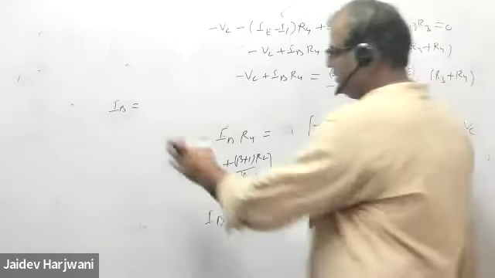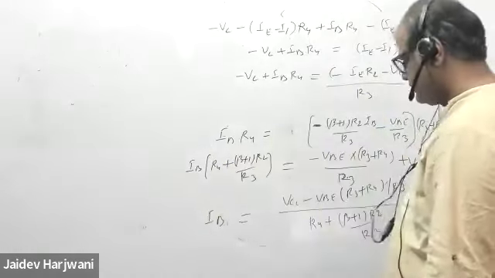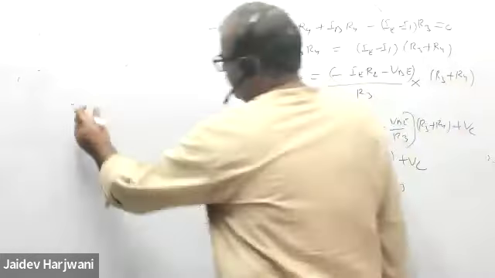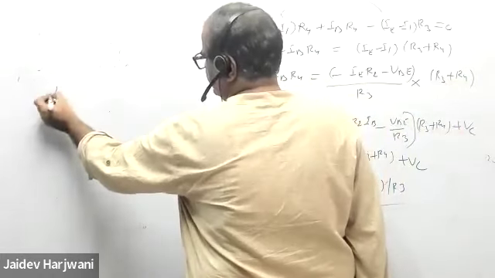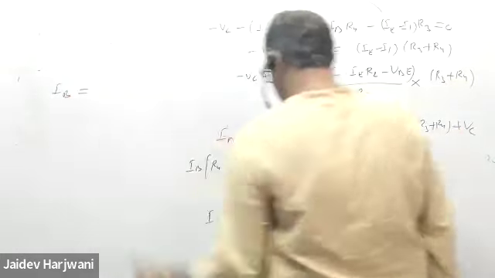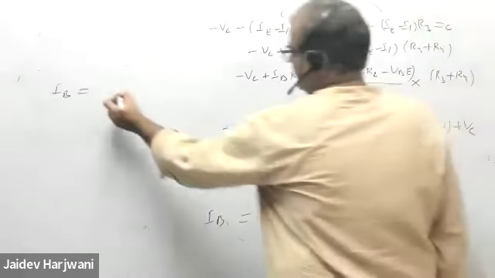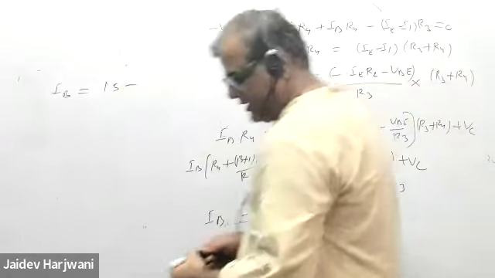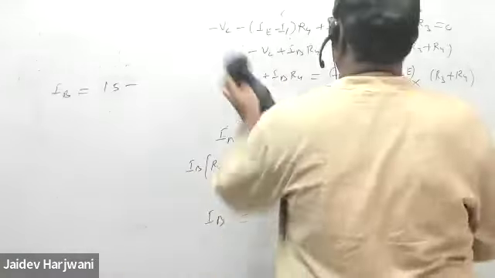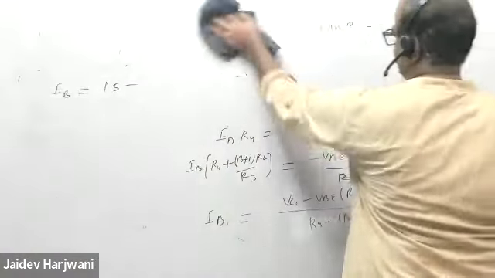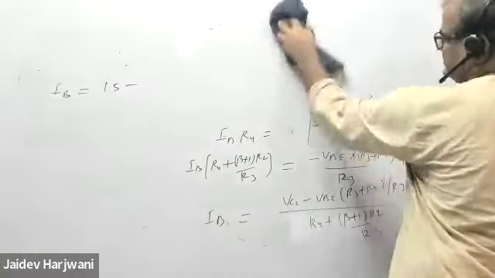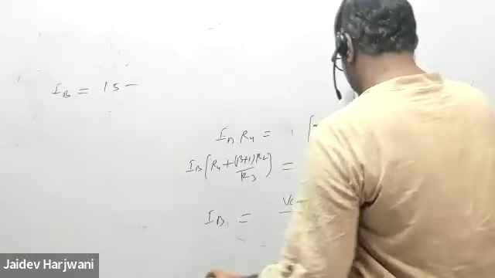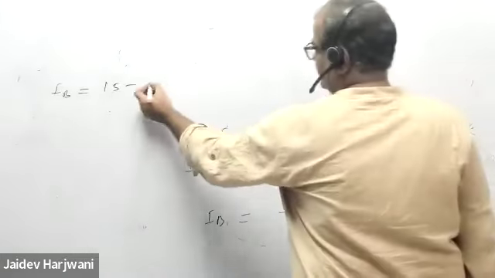Okay, so 0.19 microampere. No, it's around 20 microampere should come, 20 or 22. So IB will be now, VCC is your 15 minus, say 21.96 microamperes. Yes.